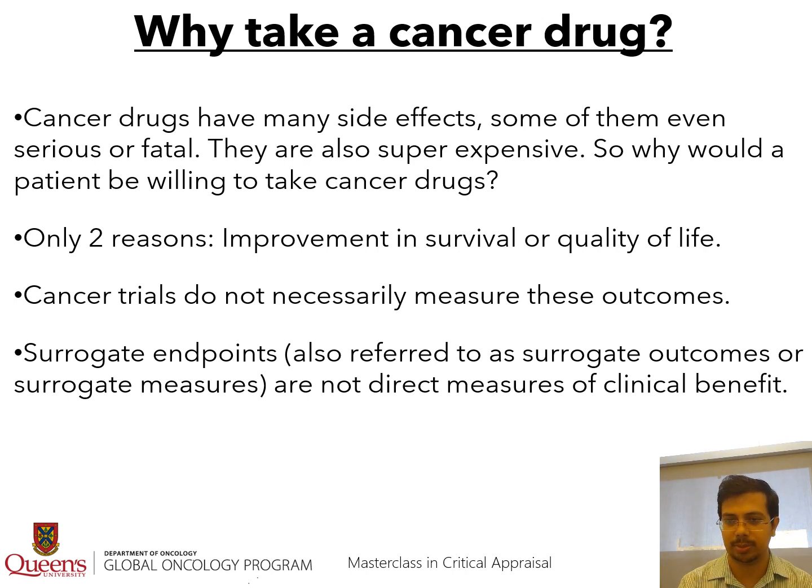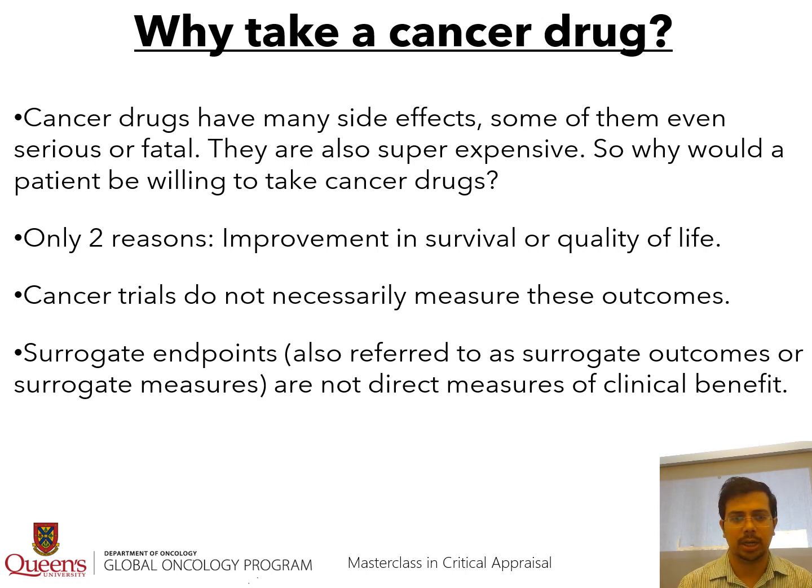There are only two reasons: because they expect that taking cancer drugs will help them live a longer and a better life. Ideally both, but at least one of them, a longer life or a better life. But if we look at many cancer drug trials, we find that the trials are not necessarily measuring those outcomes. They are measuring something else.